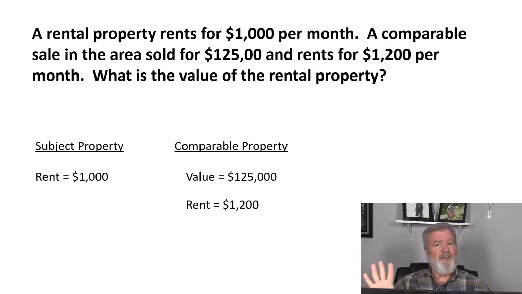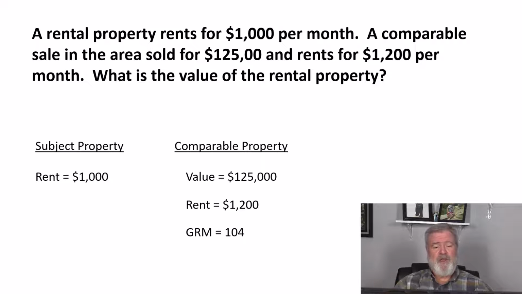Again, if you're not getting this, you need to watch the video I did on gross rent multiplier. But anyway, to get the gross rent multiplier, I just take the property value, in this case $125,000, divided by the rent, $1,200, and that would give me a gross rent multiplier of 104. Now again, I rounded it.